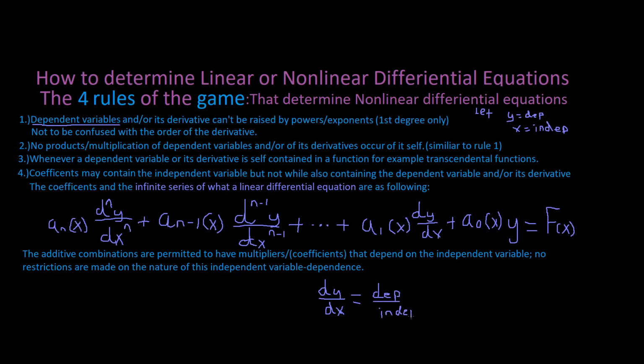For me, the mnemonic is "d divided by i," which means dependent divided by independent. So now we answer the first part of our statement: what is a dependent variable? And this is its derivative.